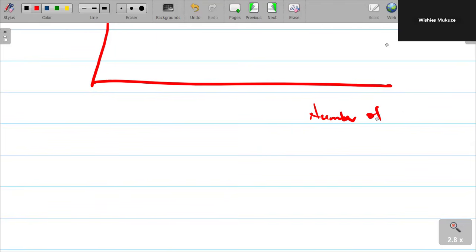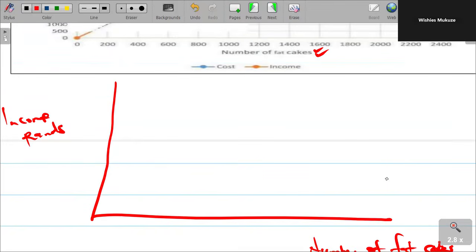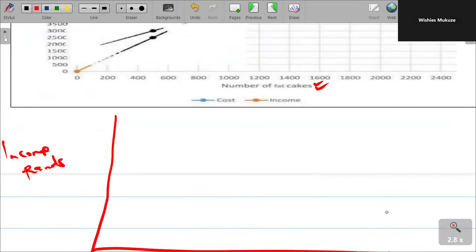I said we consider the highest and lowest limit of our figures on the vertical axis.